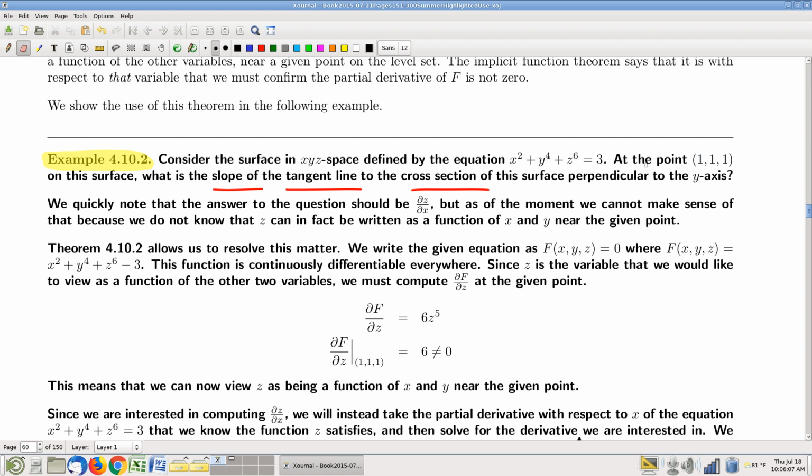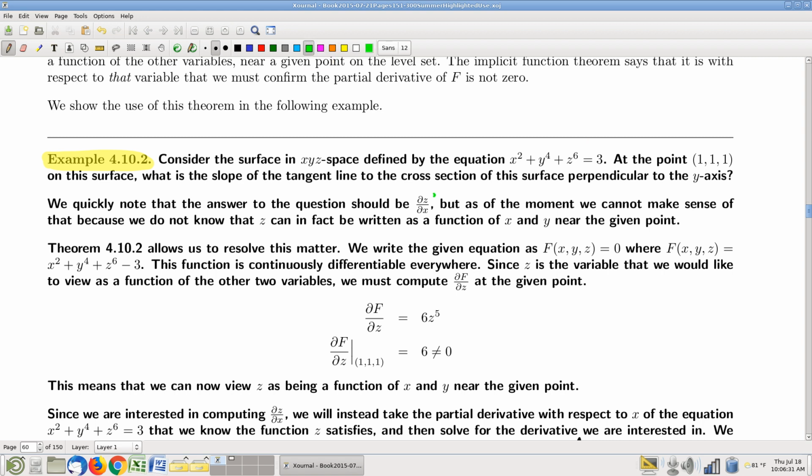Okay, so ideally we would like to compute the partial of z with respect to x, but again, in this equation, how do I know that z is locally a function of x and y, so that I can take a partial derivative? How do I know z is a function?